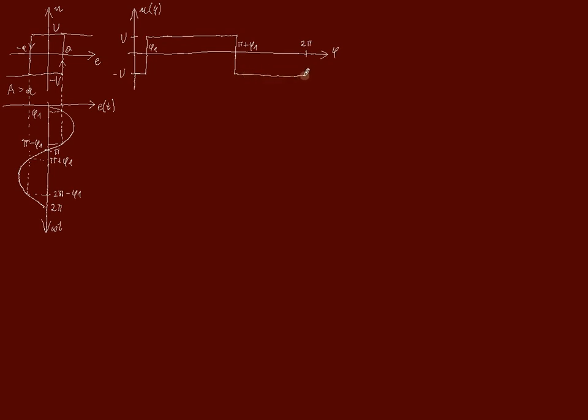The static characteristic is symmetric, so b0 is equal to 0. We need to calculate the components b1 and c1. I will speed up the calculations by shifting the interval.